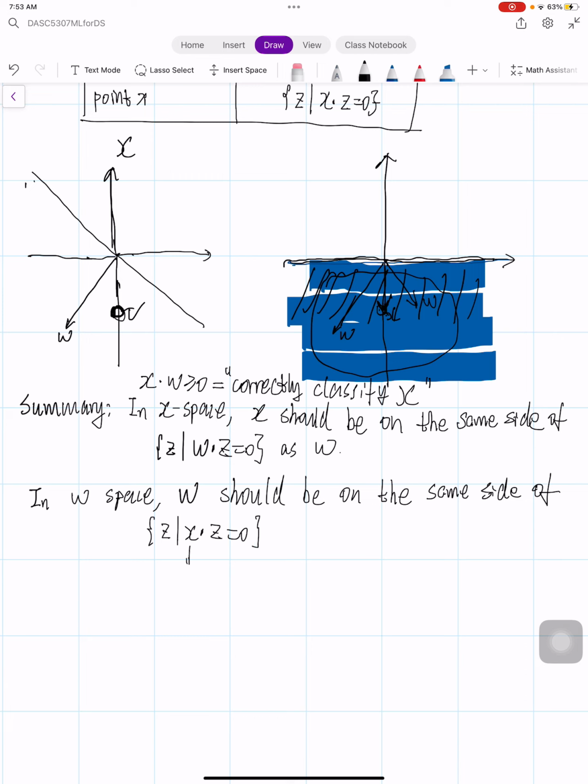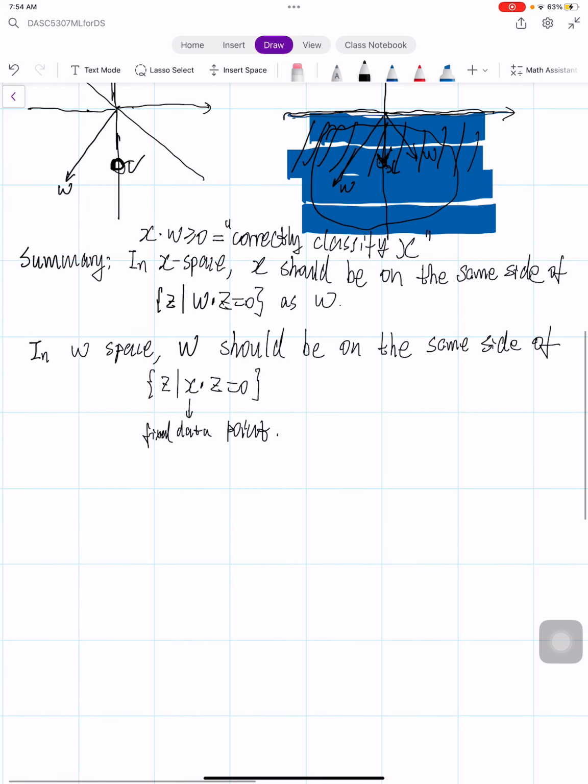This x is a fixed data point, so keep this in mind.